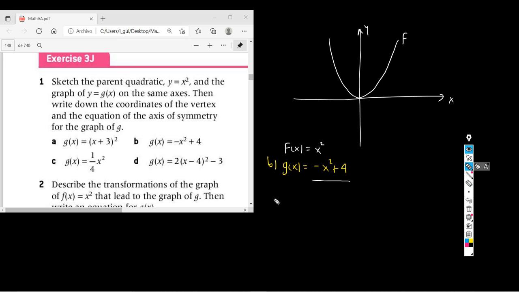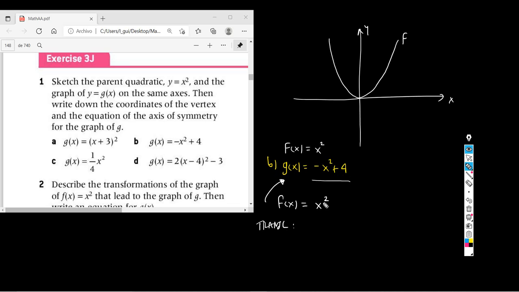You're going to take the parent function, and then what you do is this. You're going to apply the transformations one by one, little by little, step by step, until you eventually arrive at the transform function, which is g. Okay, so let's do this. Let's first apply the translation.